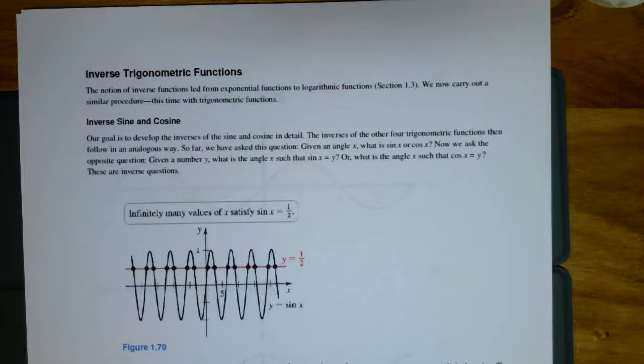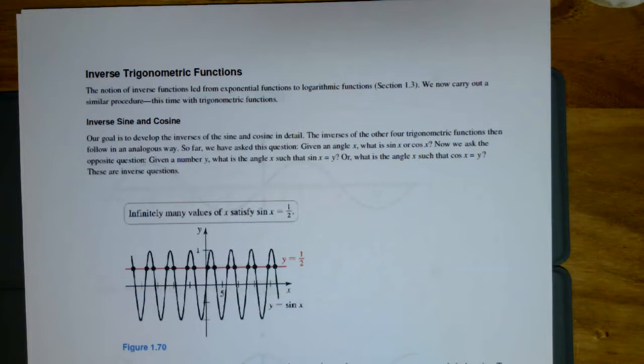Now we're going to use that idea of inverse functions with trigonometric functions. We're going to focus first on the inverse sine and cosine. Our objective is to develop the inverses of the sine and cosine in detail. The inverses of the other four trigonometric functions then follow in an analogous way.